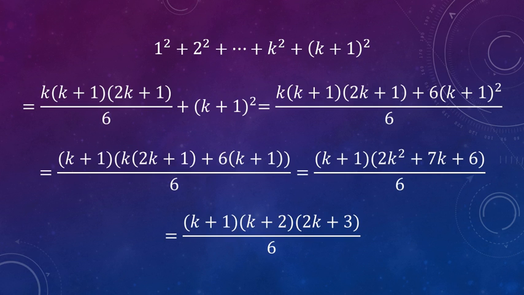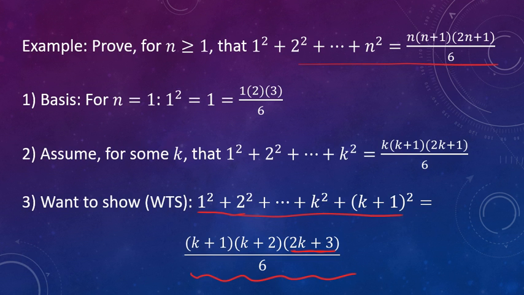And that is the right-hand side of what we wanted to show. Up top, we had the left-hand side. You can go back to that slide if you want, and we see that right here.